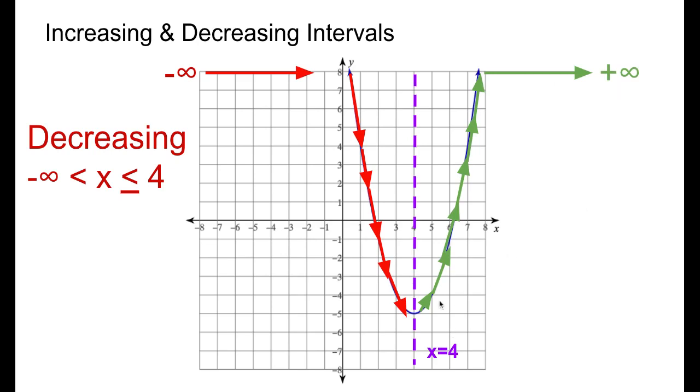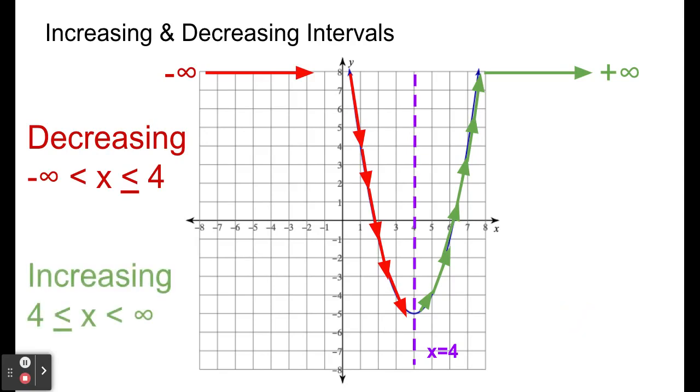So for that interval, we begin increasing where x equals 4, and we increase all the way to the right. There's the beginning and end of that inequality for that interval. So we write that as 4 less than or equal to x, which is less than positive infinity.